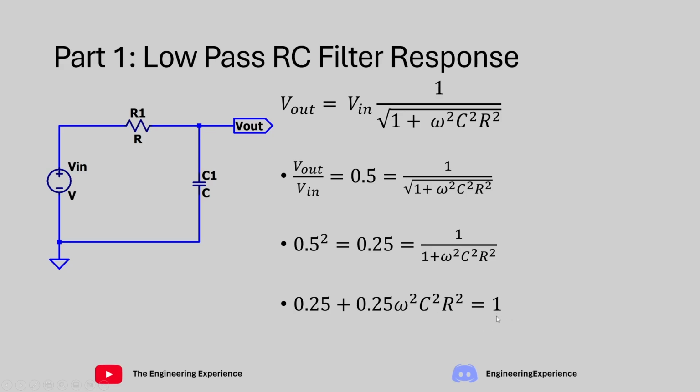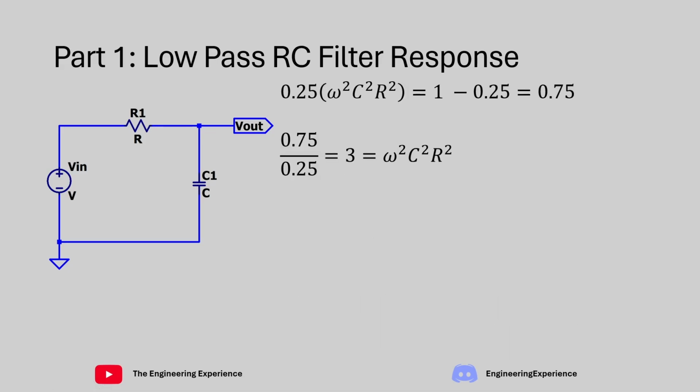On the right hand side, we're left with the 1 that's over here. Simplifying this equation a little bit further, we end up with 0.25 omega squared c squared R squared is equal to 0.75. All we're doing is moving this to the other side. Now, dividing both sides by 0.25, so 0.75 divided by 0.25, we end up with 3 on the left hand side.